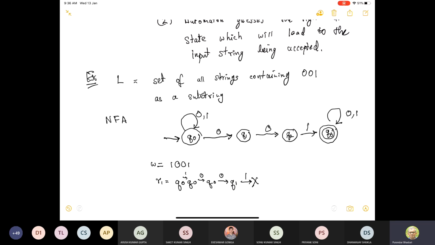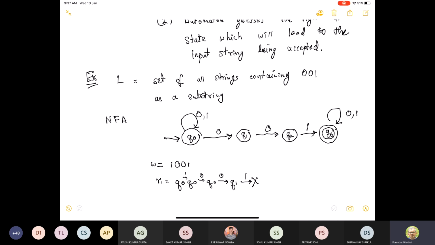In a DFA, for every state and every symbol, you must have a unique next state. But for an NFA, there's a set of possible next states, and that set, for a given current state and input symbol, could be empty, as is the case here, because from Q1 there's no transition on a 1.